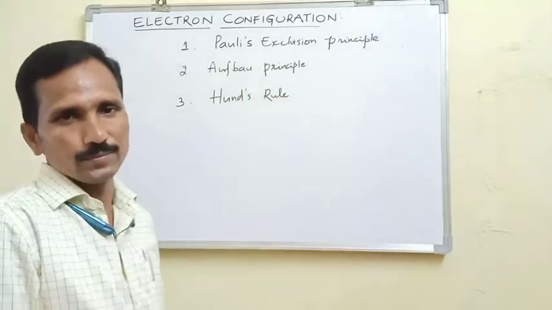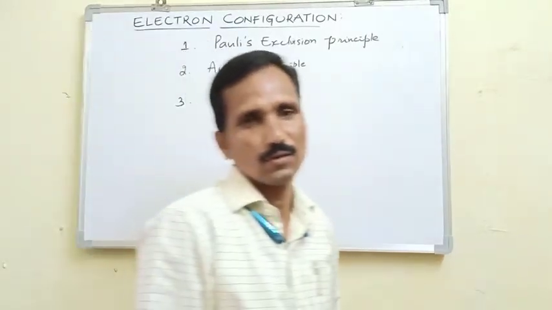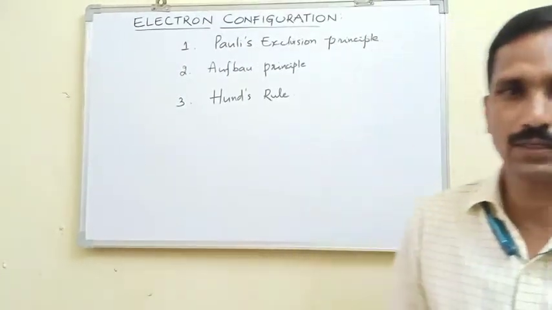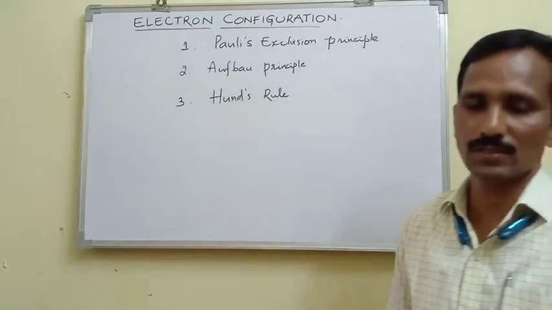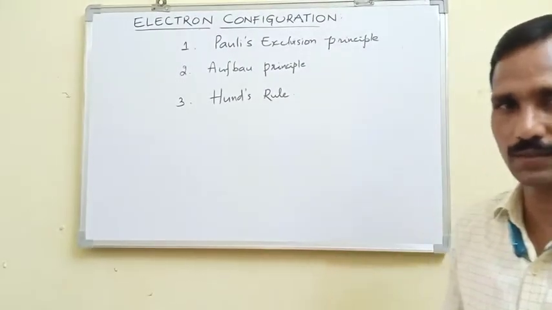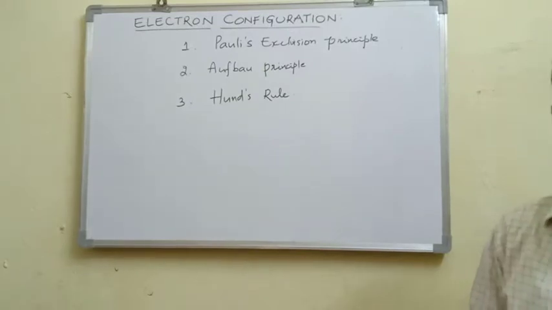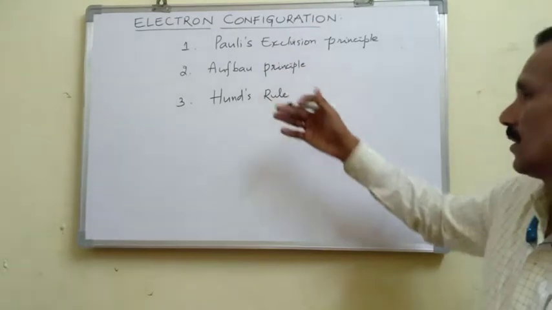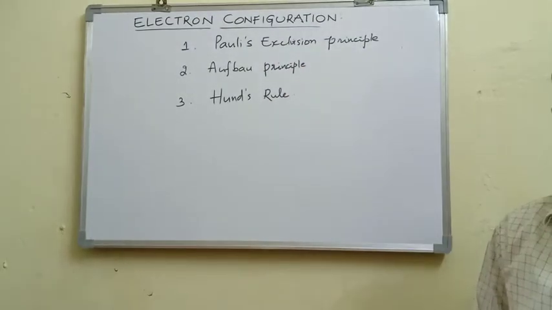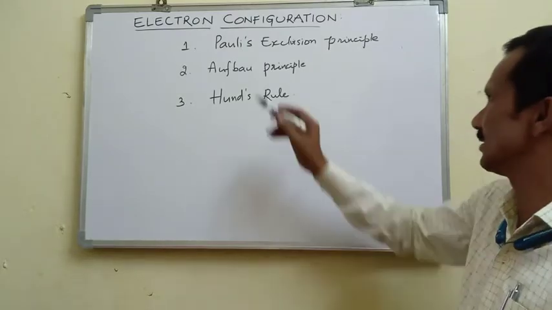These 3 rules help us in writing electron configuration. Filling of electrons in shells, subshells and orbitals is called electron configuration. So let us learn one by one in detail.